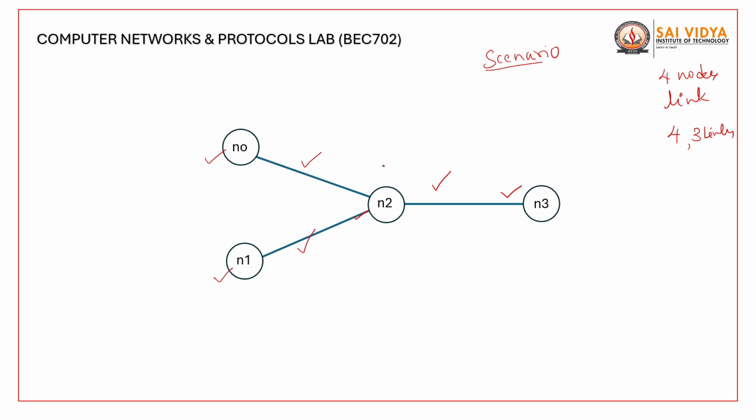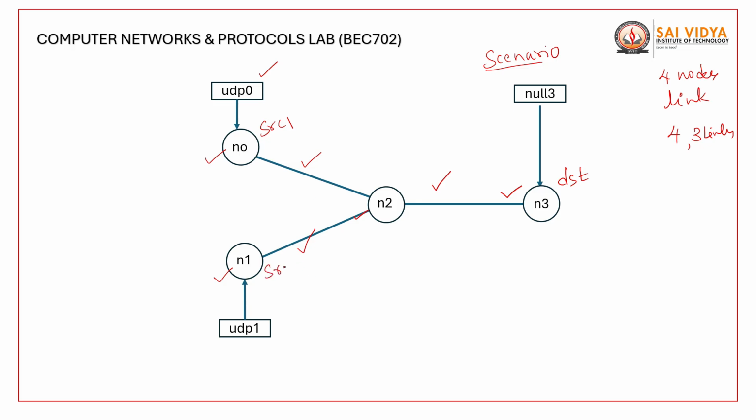So after assigning links, the next important thing here is I want to assign agents and application. So let us add UDP0 to N0 node, UDP1 to N1 node, and here is our destination, this is my source 1 and this is the second source node. For the destination, null will be the receiving end here.